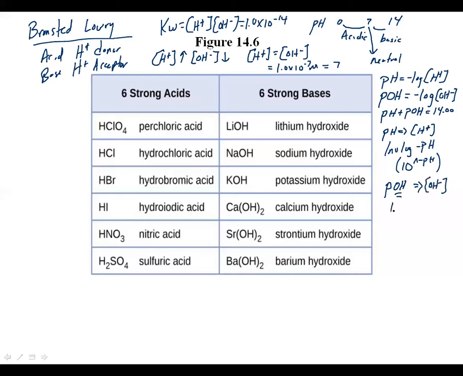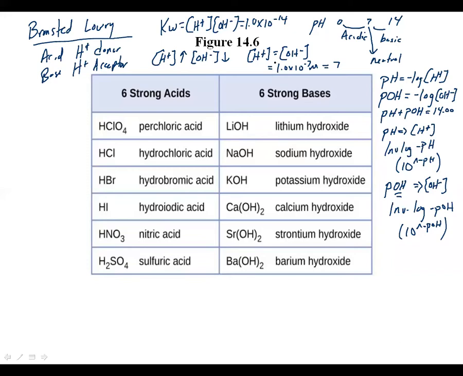It's pretty much the exact same calculation, the inverse log of the minus pOH, and that's going to get you a 10 to the minus pOH. So by using all of these, you have a wide variety of ways that you can solve for H plus concentration, OH minus concentration, the pH, and the pOH.